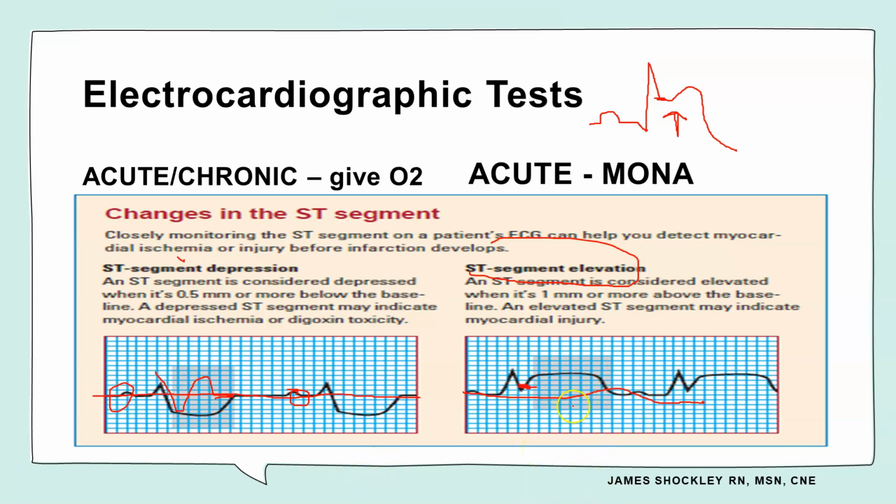You'll need to know the rules for how big the ST elevation has to be for your jobs if you're going to work in the ED or ICU. But for basic nursing, again, if I'm going to give you ST elevation, you're going to be able to tell that it's ST elevation.